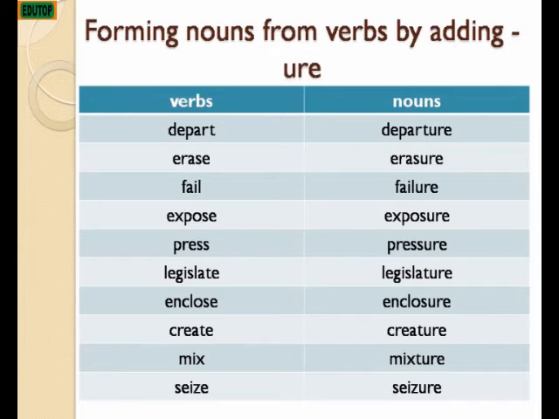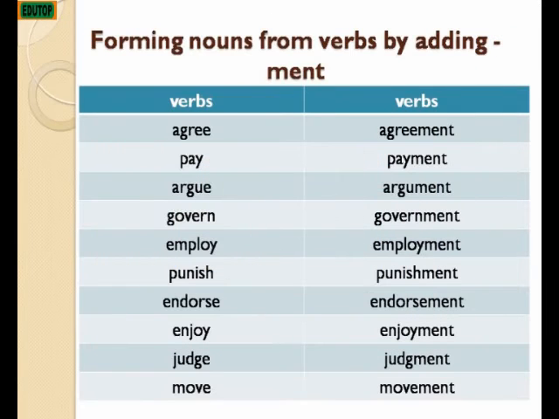Examples: depart, departure; erase, erasure; fail, failure; expose, exposure; press, pressure; legislate, legislature; enclose, enclosure; create, creature; mix, mixture; seize, seizure. Nouns can also be formed from verbs by adding ment.